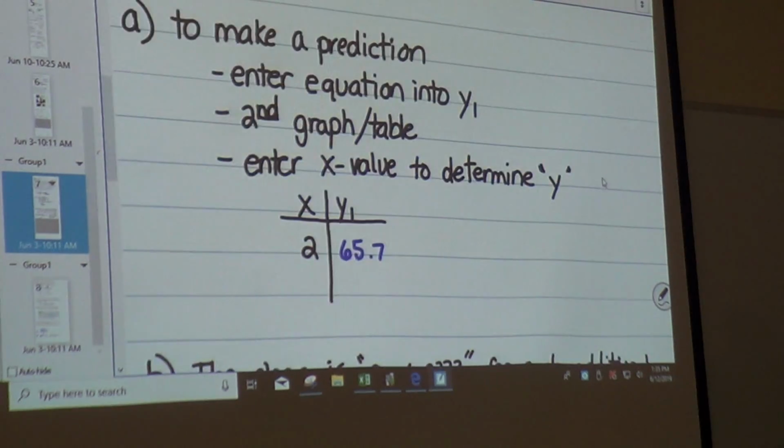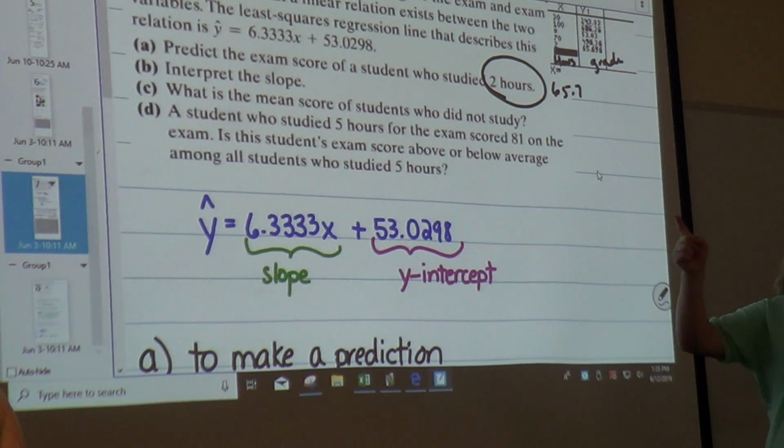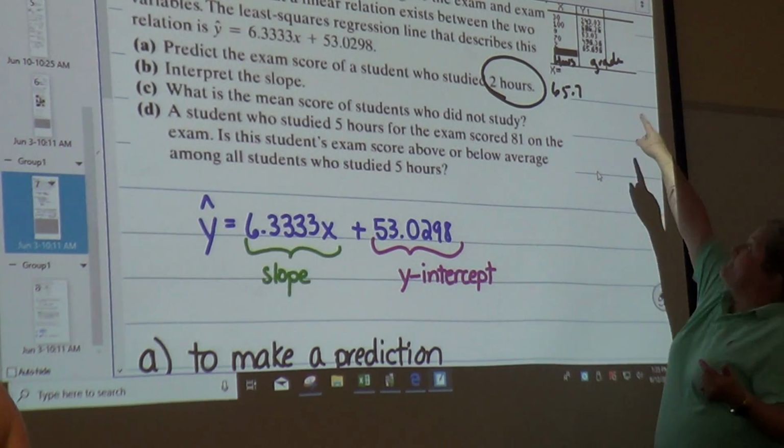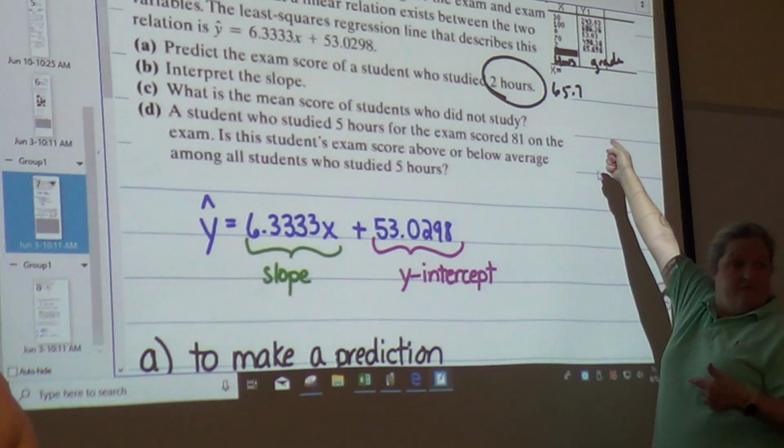All right, let's look at question D. A student who studied for 5 hours for the exam scored an 81. Is this student's exam score above or below what's predicted? Below, because of the average. So if we plug a 5 into my table, you get an 84.